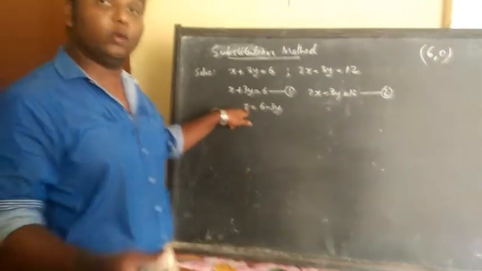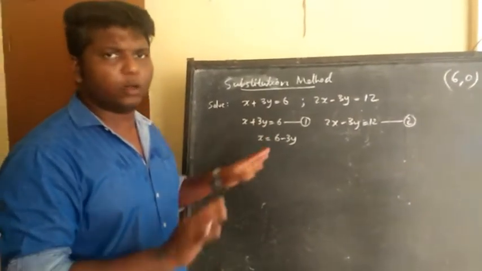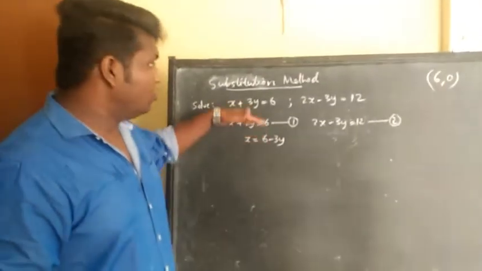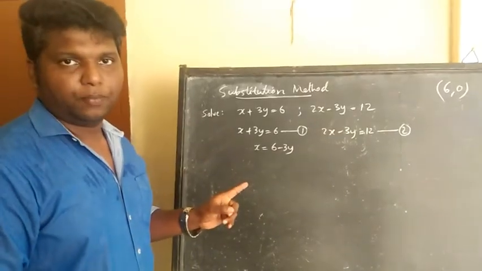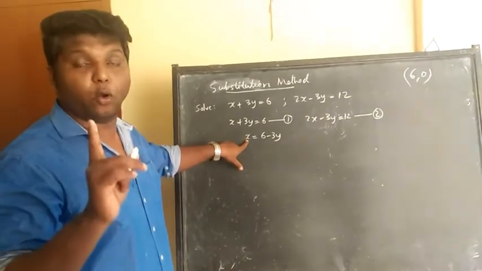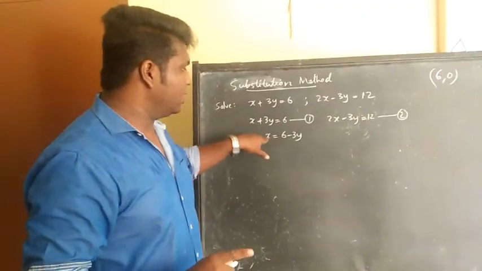As I told you earlier, you can solve for x or you can solve for y. It depends upon your choosing. You can choose the x or y variable, it doesn't matter. So here I am choosing x. So take one equation and from the first equation make an equation for any unknown variable. It may be for x or maybe for y.